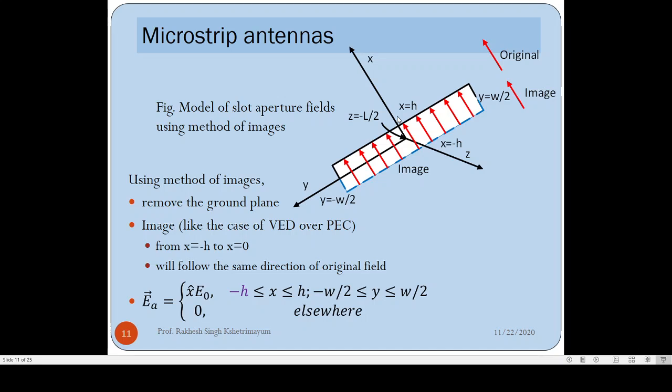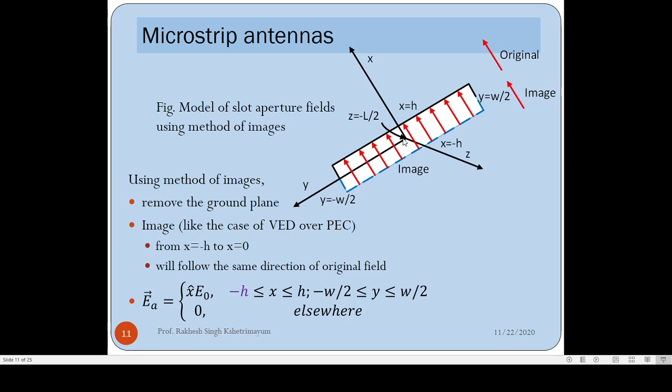So this is a model of the slot aperture field using method of images. We have a uniform electric field from x is equal to minus h to plus h, y going from minus W by 2 to plus W by 2.